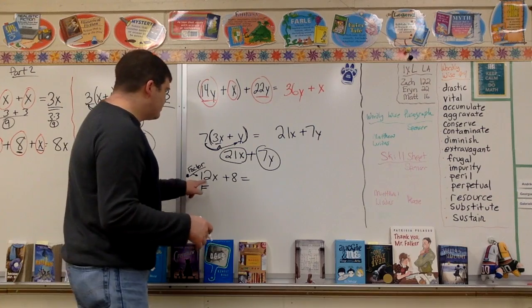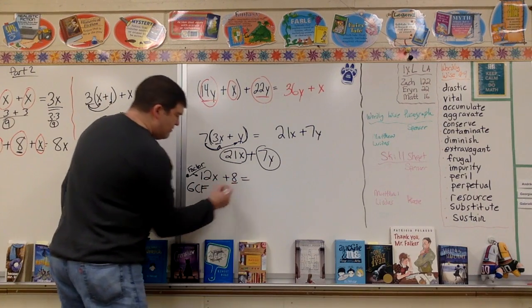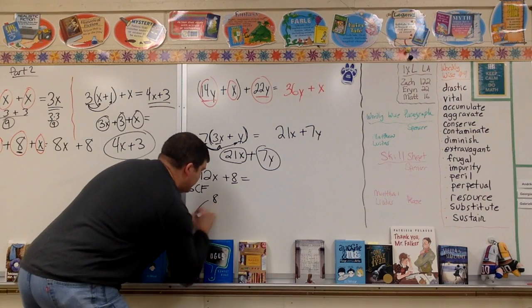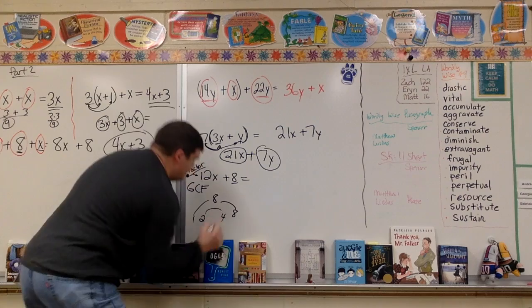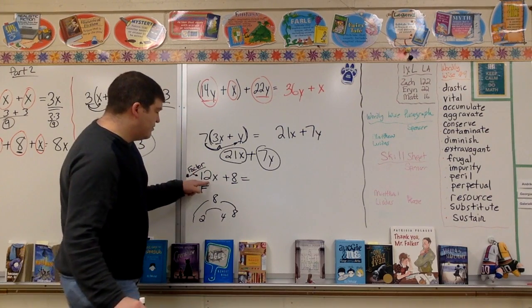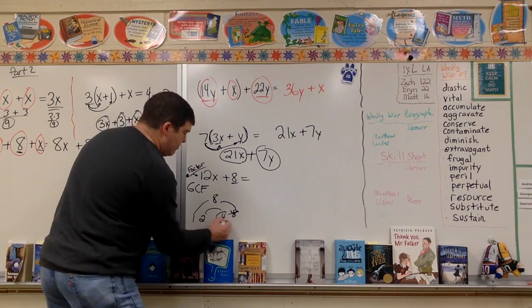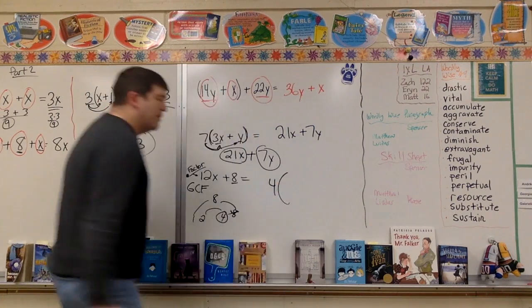Okay? So 12 and 8. 8 is my smaller number, so I'm going to do 8. 1, 8, 2, 4, 3 does not. Okay? So now I have to see which goes into 12. 8 does not, but 4 does. So 4 is my greatest common factor.